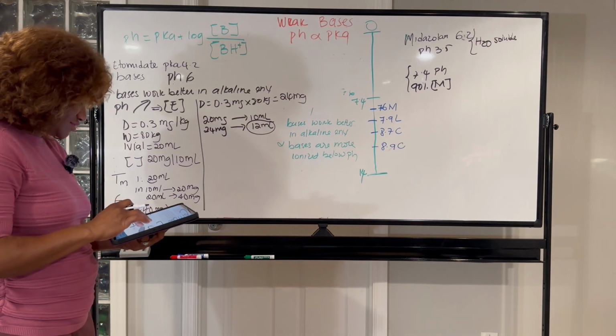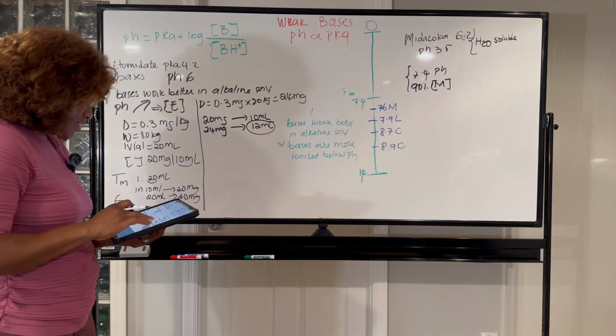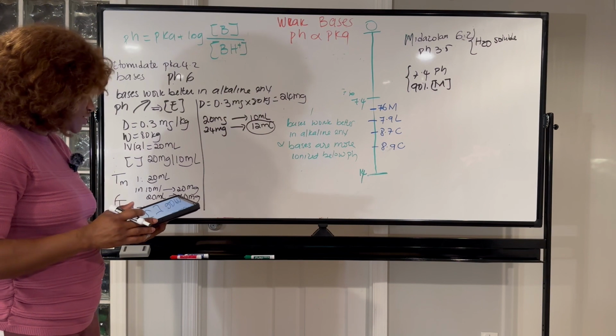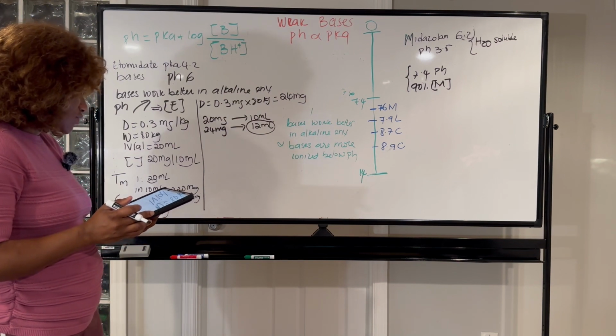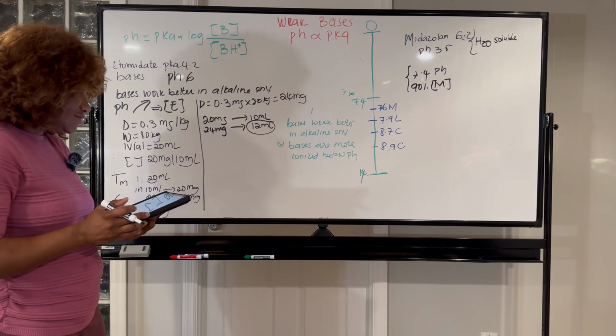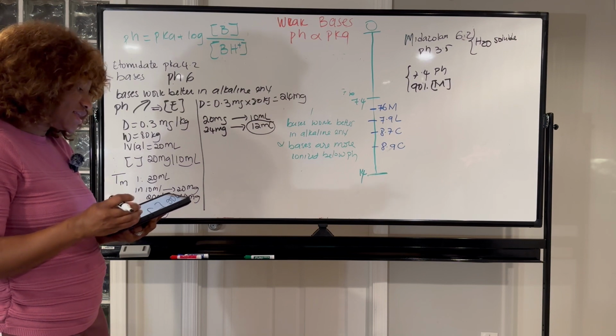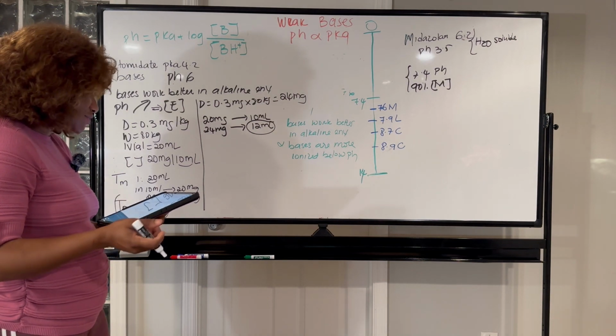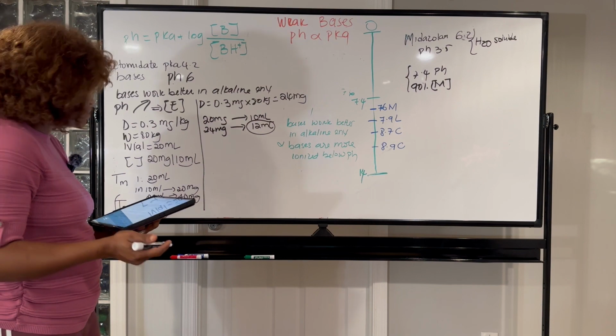Is much better. Now at physiologic pH equals 7.4, etomidate exists predominantly in the ionized or the non-ionized state.